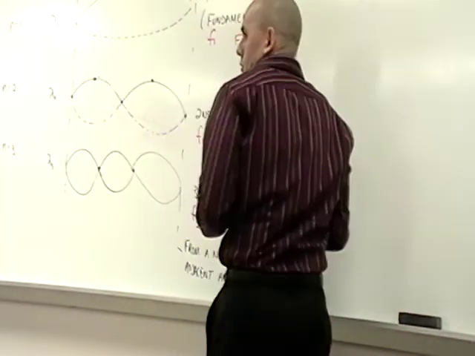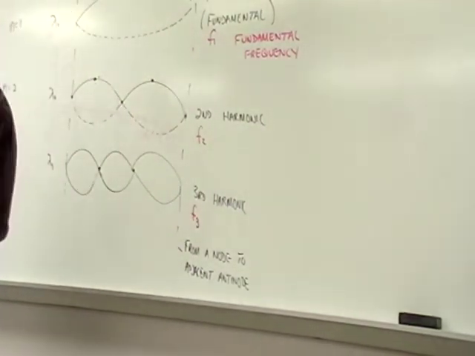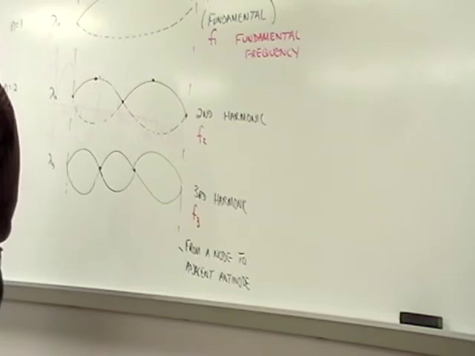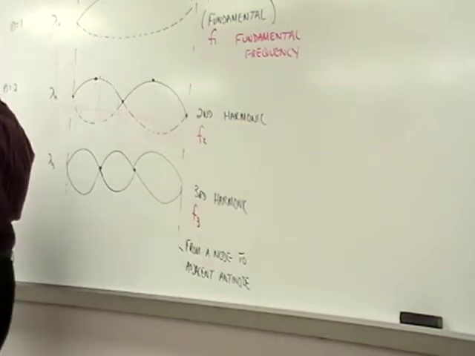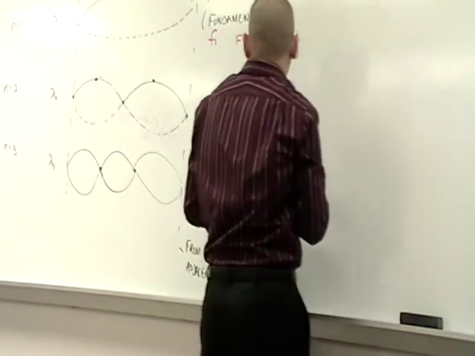F1 would be equal to what? V over 2L. Just V over 2L. Right? You just plug in 1 for this one.